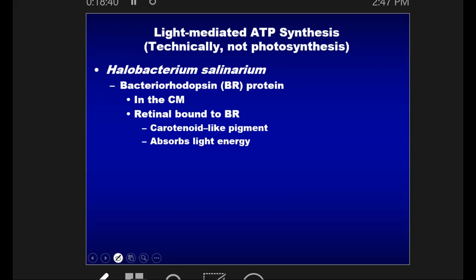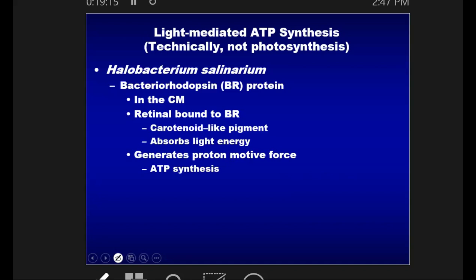What's going on here is a very small reaction, but it is tied to the idea of a proton gradient, or the fancy way is proton motive force. So essentially, you see proton gradients developing when light is absorbed by the retinal pigment. And if they do that enough, they're going to get ATP through that proton gradient.